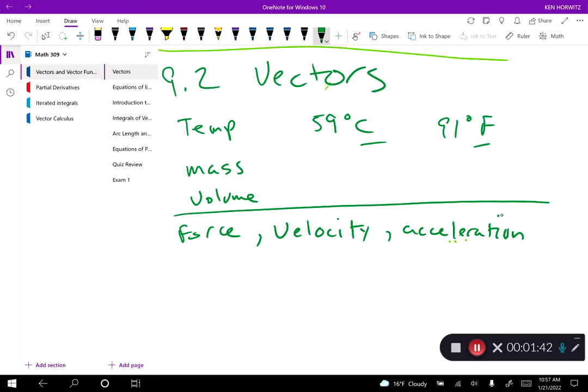They not only have a length, but they also have a direction. And when you can't characterize it with a single number, we call it a vector quantity. And a vector is denoted with not just a length, but a direction.